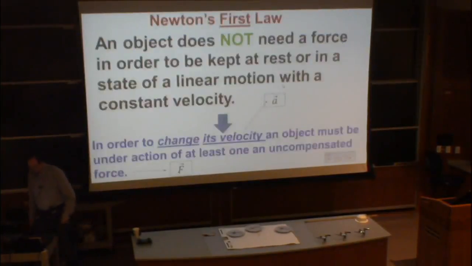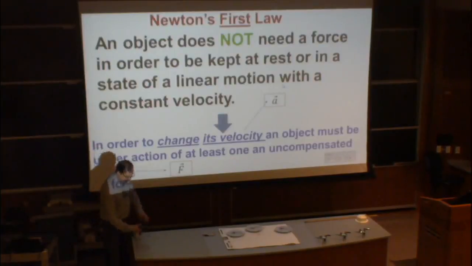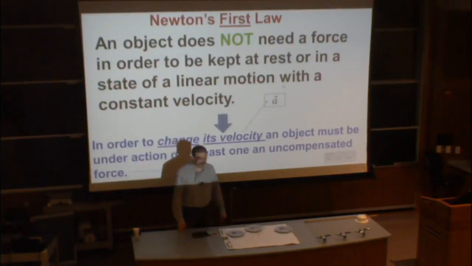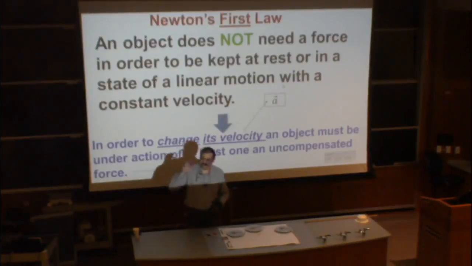First of all, Newton's first law. Newton's first law says that in order to move with a constant velocity, an object doesn't require any forces acting on it. In outer space, you can throw a ball and it will be flying until it hits a star or something else.